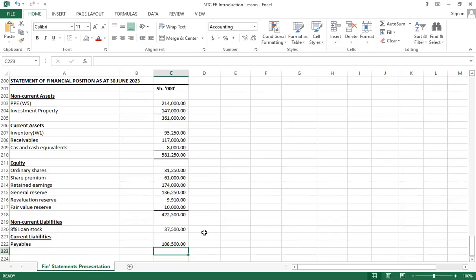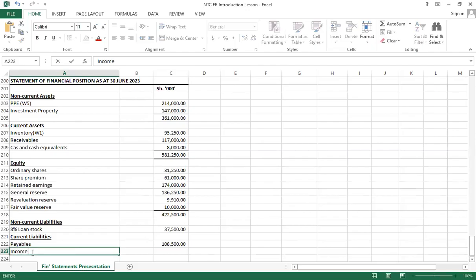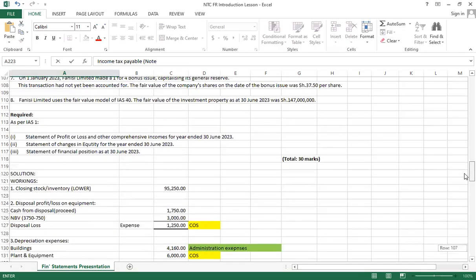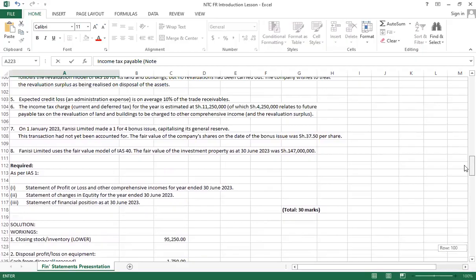If that is the case, then we proceed to which other current liabilities we have. Remember, there must be income tax payable. That is what we were told in the notes. Any expense provision in the notes, like taxation, is an accrued expense, and so that's a liability.